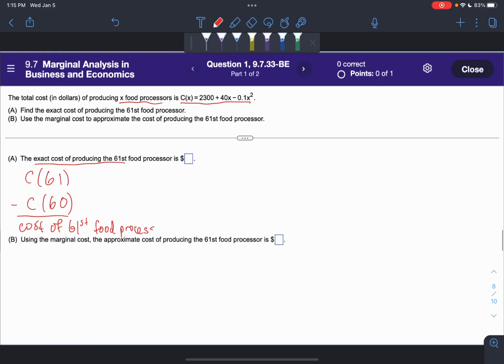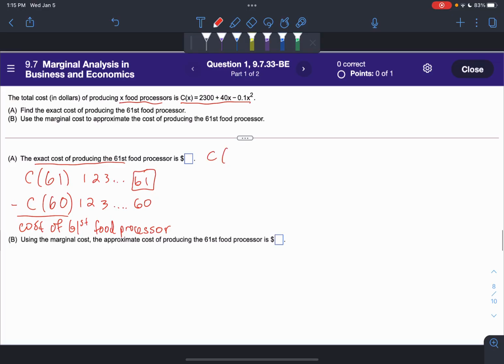Does that make sense? So the difference between here, this is the first, second, third, all the way to the 60th food processor, and this set includes the first, second, third to the 61st processor. So by subtracting the two, I'm really just getting this cost. So that's what we're going to do.